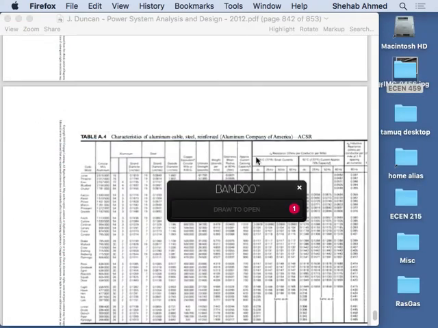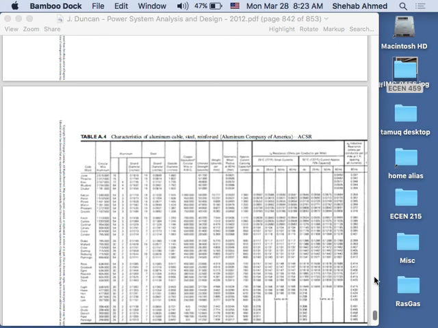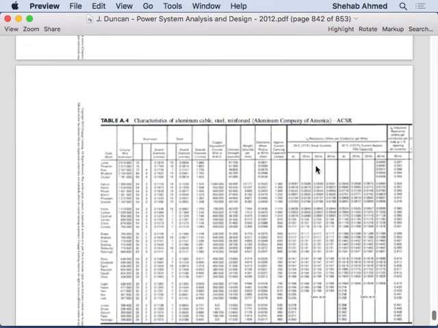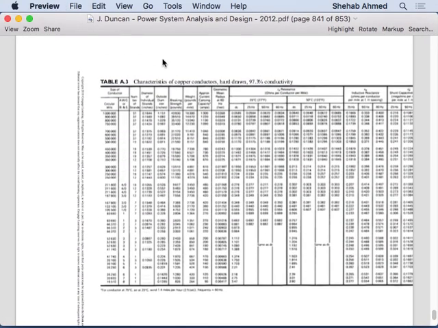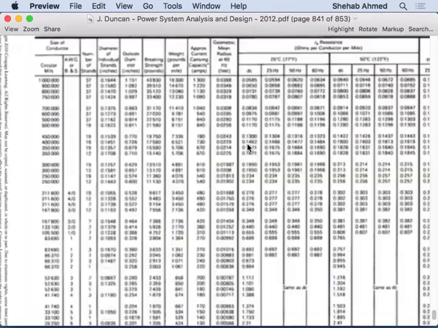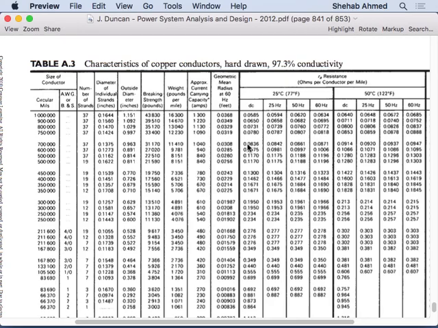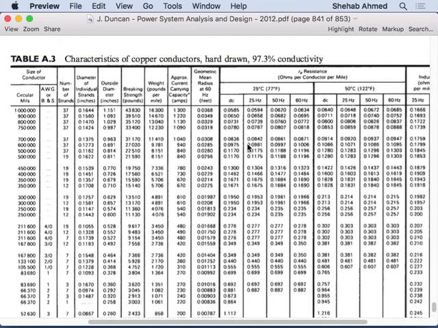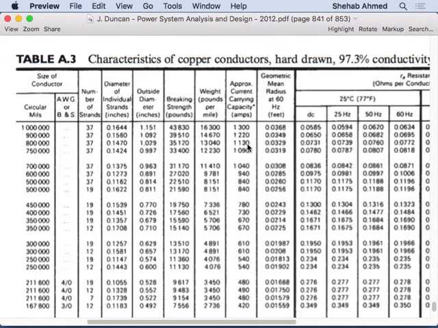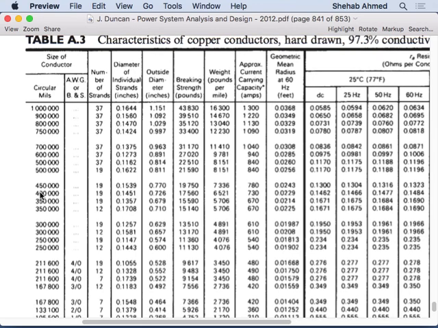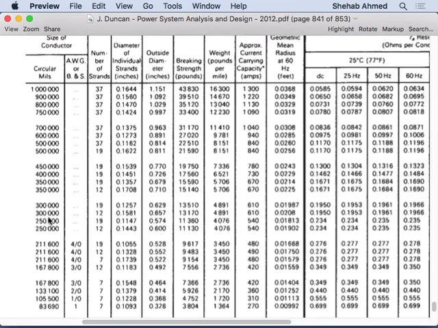This is from your textbook. These are different conductor cross-sectional areas, sizes of conductors, in circular mils, which is a unit they use.